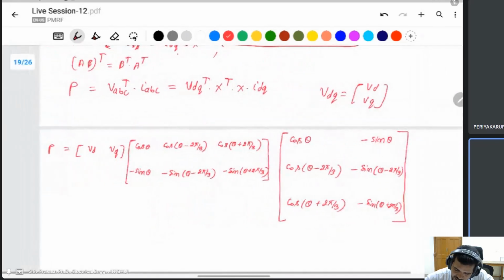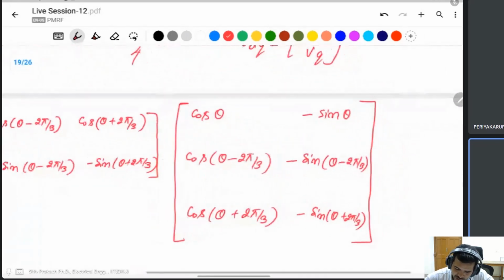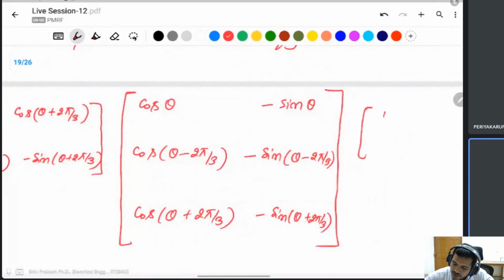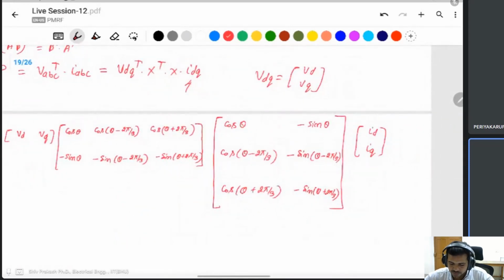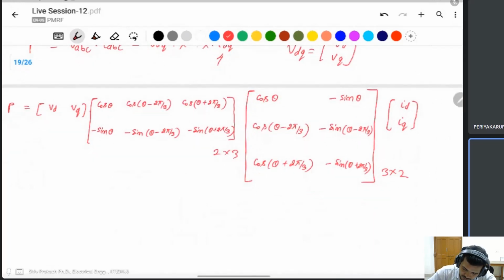After that, this is the IDQ, same ID and IQ. This is 2 cross 3 times 3 cross 2, so the matrix will come as 2 cross 2. P is equal to VD, VQ.